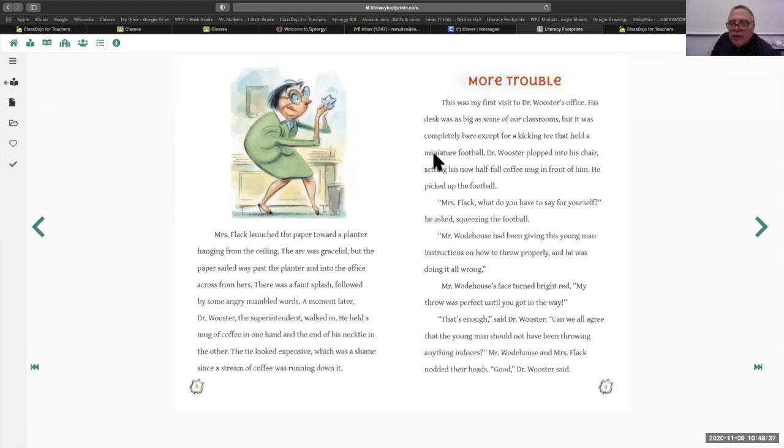Okay, let's read that sentence. His desk was as big as some of our classrooms, but it was completely bare except for a kicking tee that held a miniature football. But if you were to take another word and put here for miniature, what would it be? Go ahead and write it and hold it up for me.